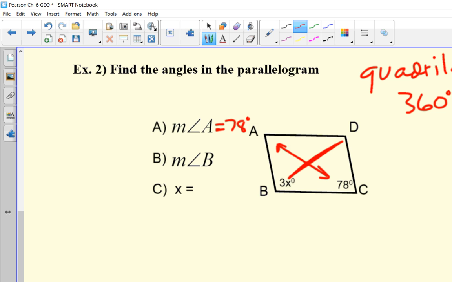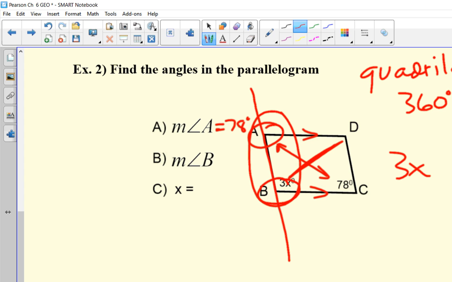Okay? But we also learned that same side interior angles in a parallelogram... So remember, sides are parallel, therefore I get a transversal. The new rule with this transversal, with these rules of parallelograms, is that these two angles, A and B, should be supplementary, okay? So I should be able to take 3x, and A was 78 because it was opposite this guy. They should equal 180 together, okay?